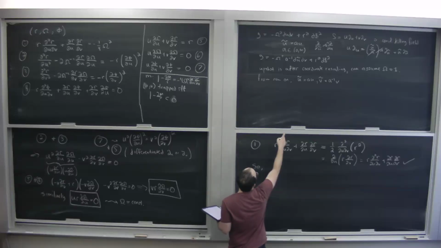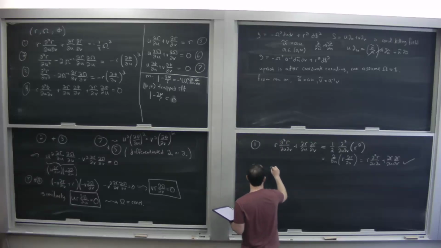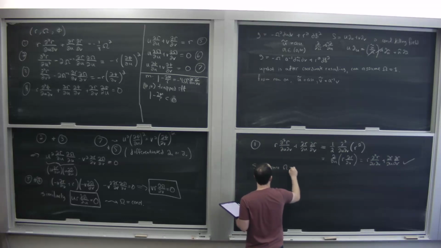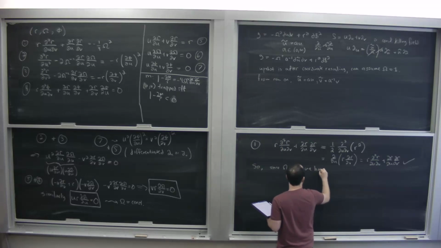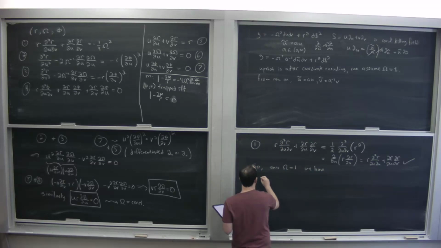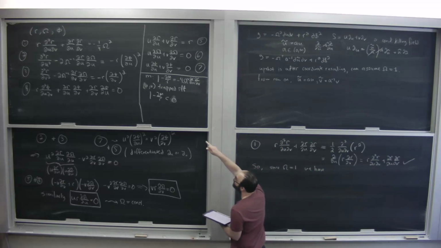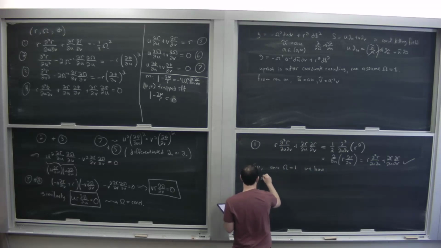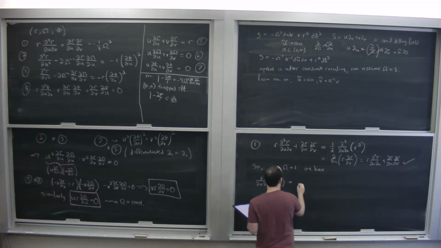Since the lapse is equal to 1, if there's the 1/2 there, and the minus 1/4 there, we end up with d squared du dv of r squared equals minus 1/2.